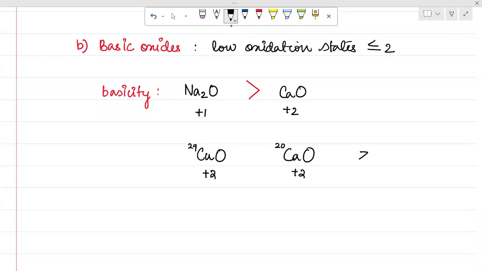Basic oxides should have the tendency to donate. Because the electronegativity of copper is greater than calcium, it cannot donate, so the trend is opposite. I hope you're understanding the points. This is how you find it for basic oxides.